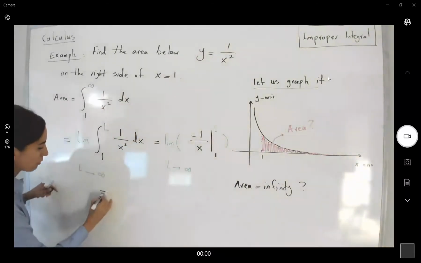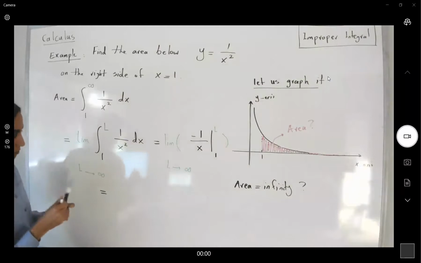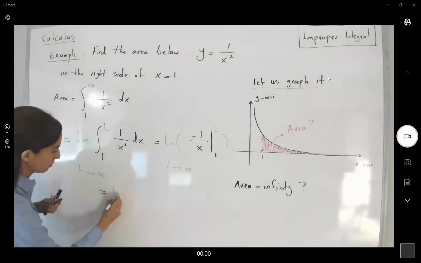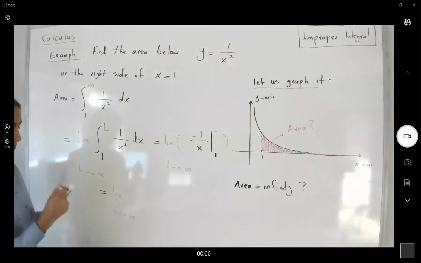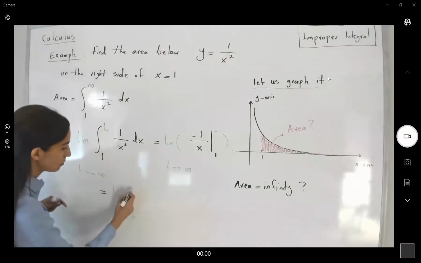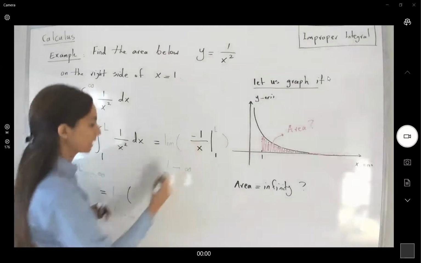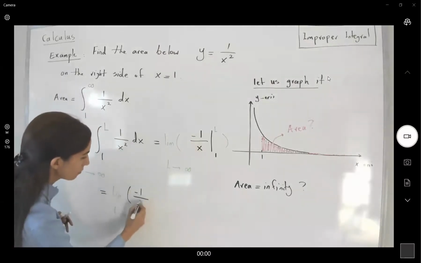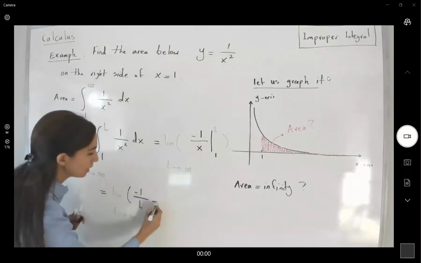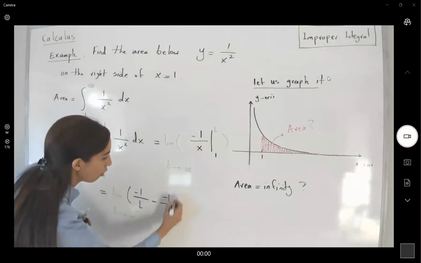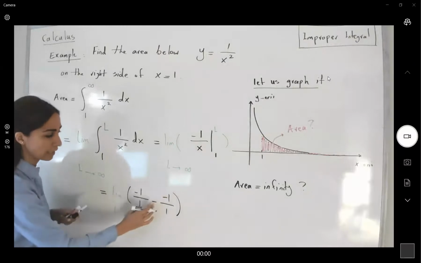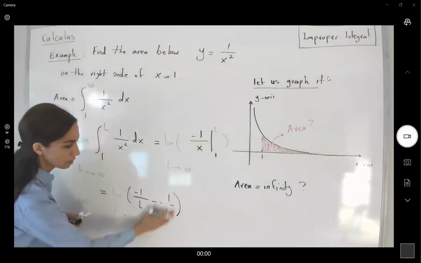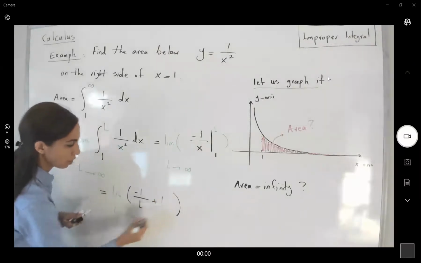Here you have the limit as L goes to infinity of -1 over L minus -1 over 1. Negative and negative is positive, so that is plus 1.